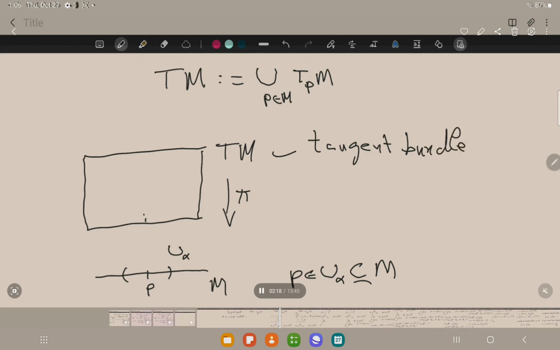TM is the tangent bundle, and if you draw a line straight up, there's a point there that is tangent to the point P on M, and we call that vector v.